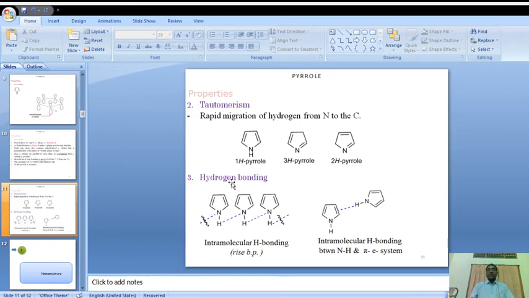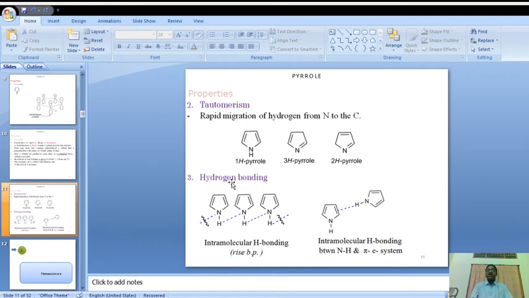But in the second structure, the hydrogen from the first place is migrated, shifted to the third carbon, so it is named 3H pyrrole.